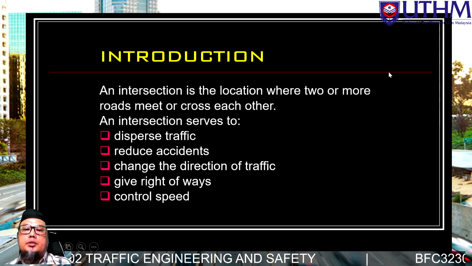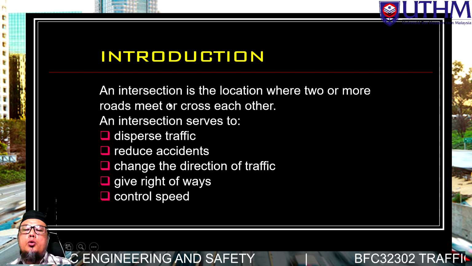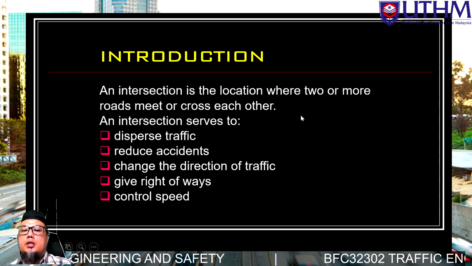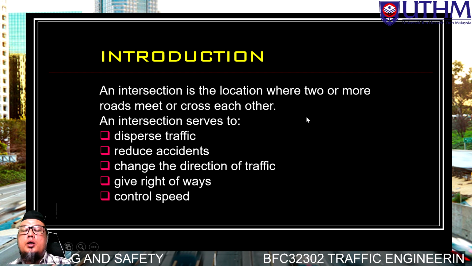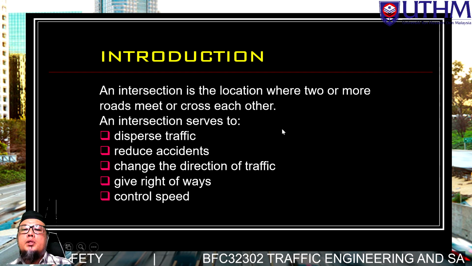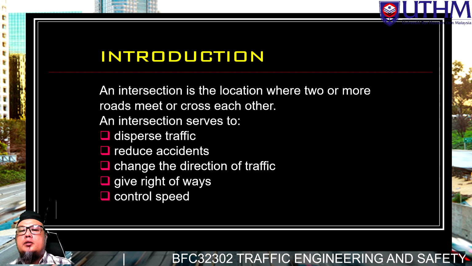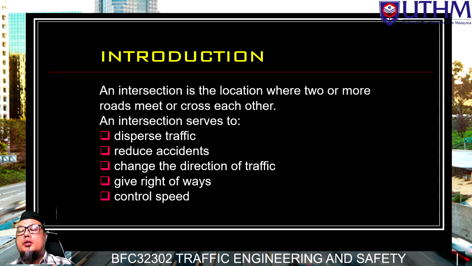So as an introduction, an intersection is a location where two or more routes meet or cross each other. That is a simple term to understand what an intersection is all about. It's just a condition where two roads meet or join to cross.